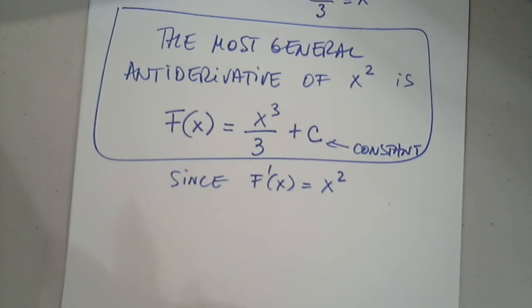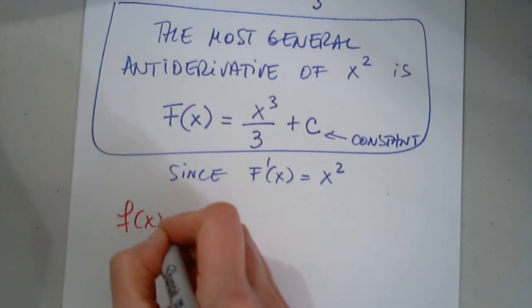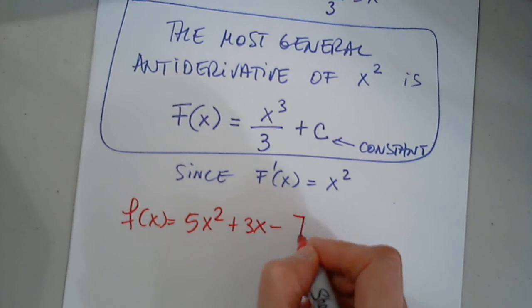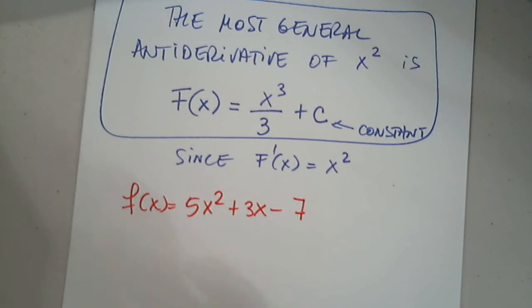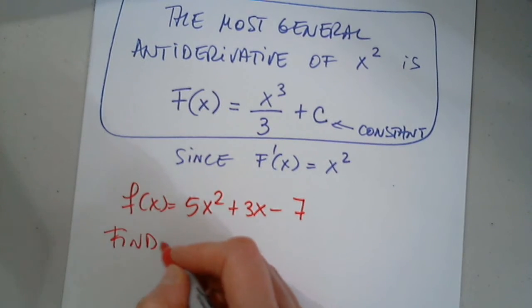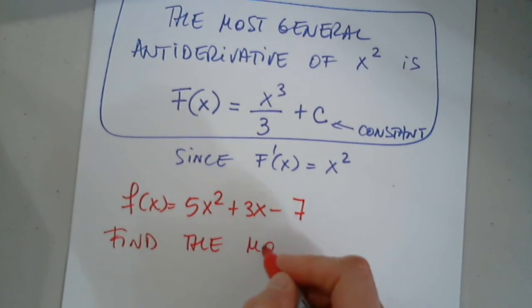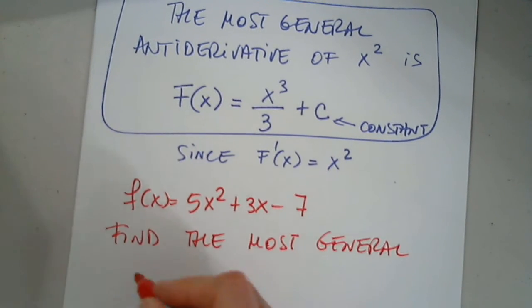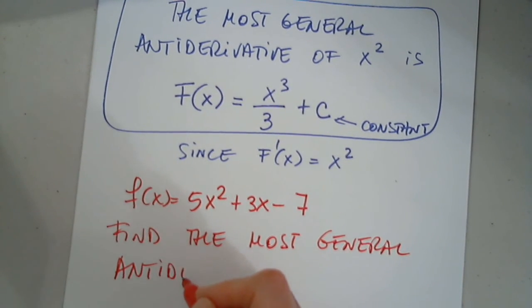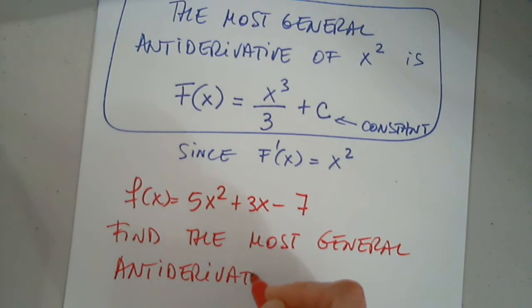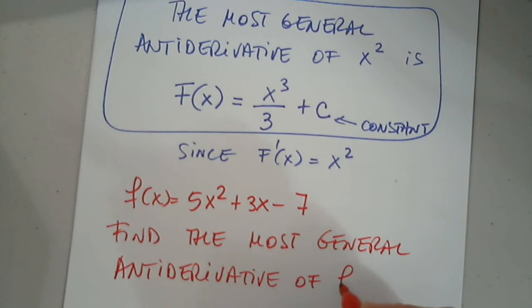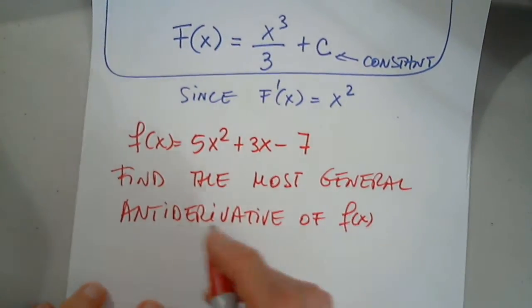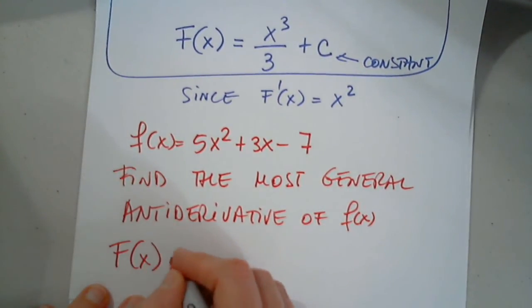So let's suppose I have a function like f of x equals 5x squared plus 3x minus 7. And I am asked to find the most general antiderivative of f of x. The notation must be uppercase F of x.